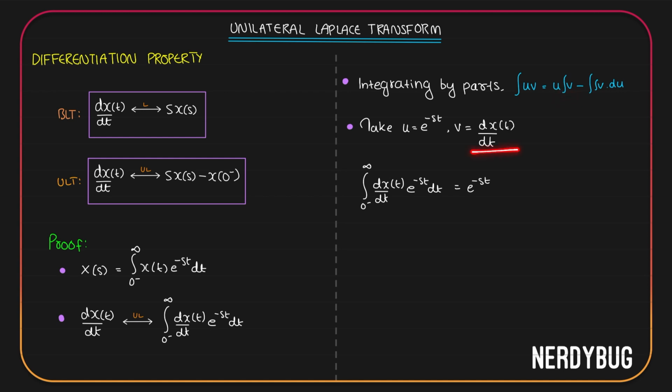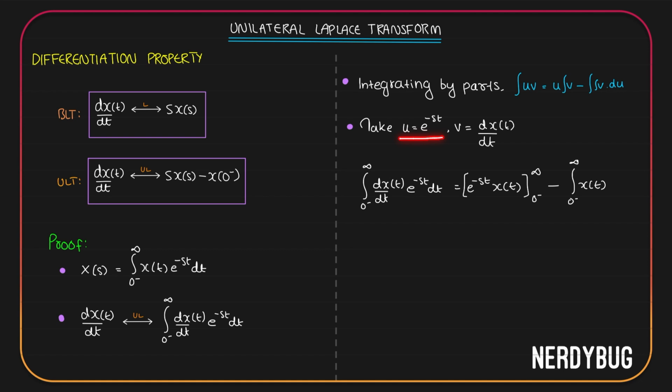Integral of d by dt of x of t is x of t, with limits from 0 minus to infinity, minus integral from 0 minus to infinity of the integral of v, which is x of t, multiplied by the derivative of u.